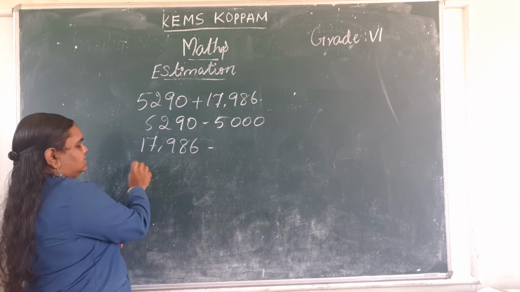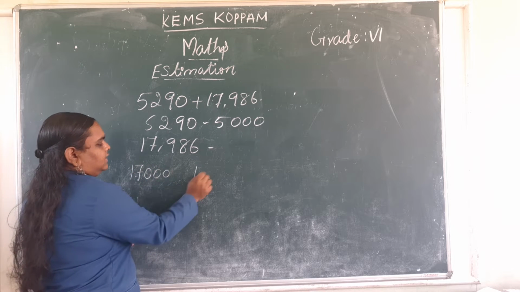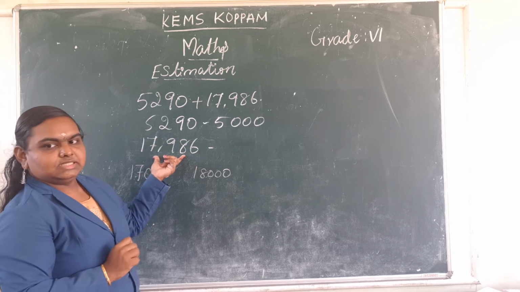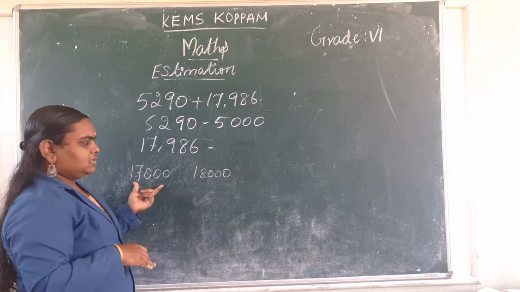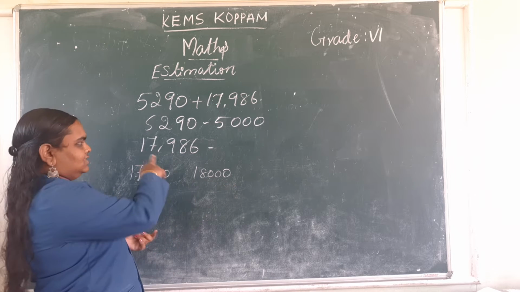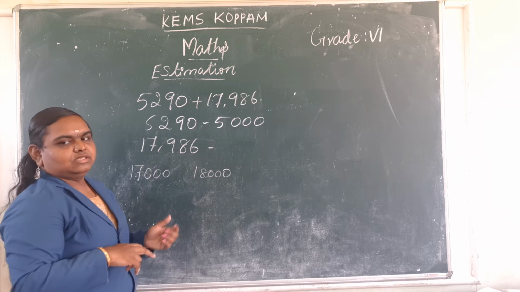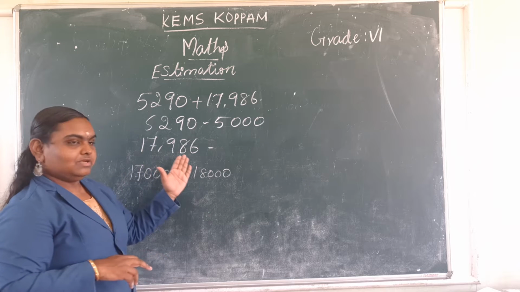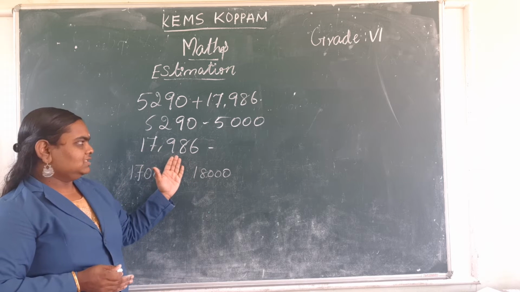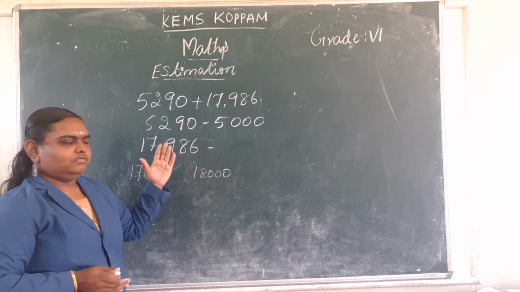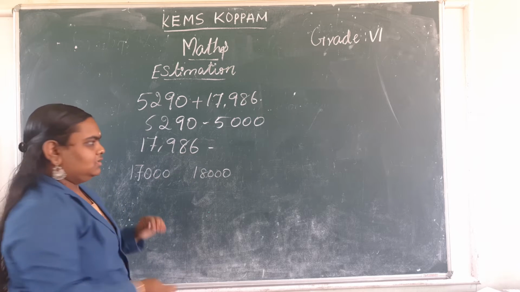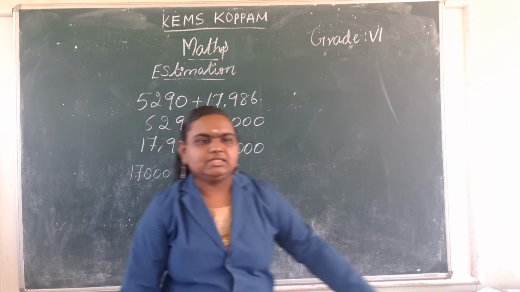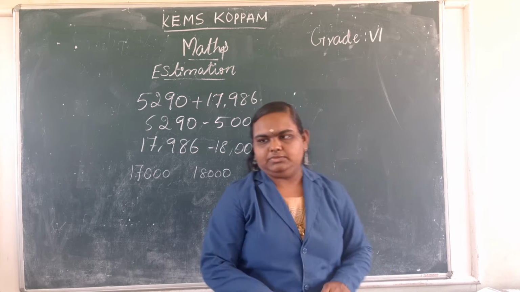This number is in between 17,000 and 18,000. 17,500 is the middle value, and 17,986 is above the middle value. So we can easily take the biggest number, 18,000. 18,000 is the estimated value.